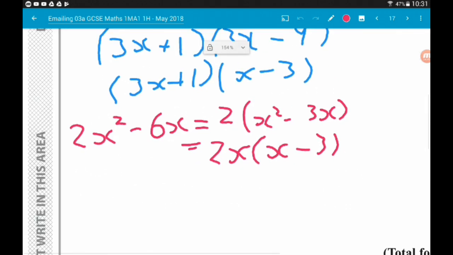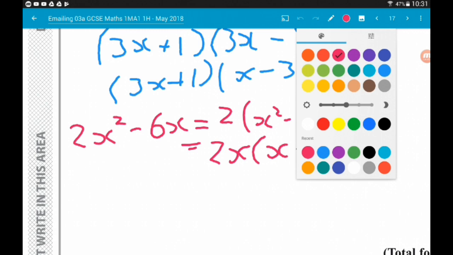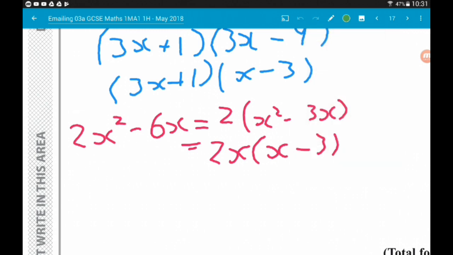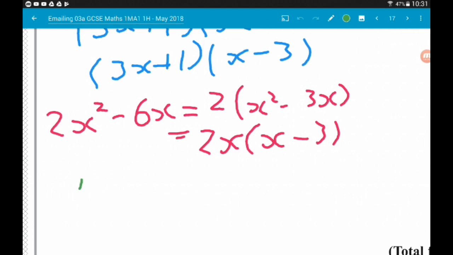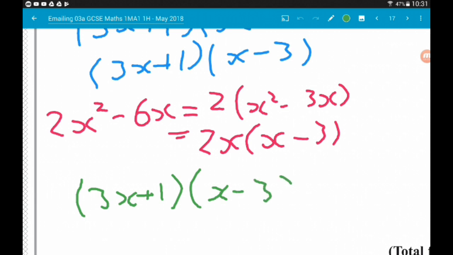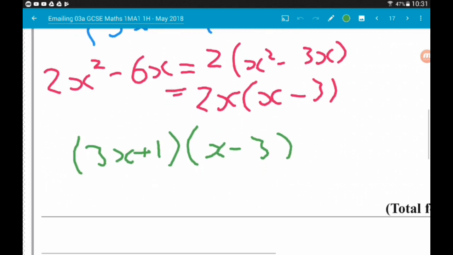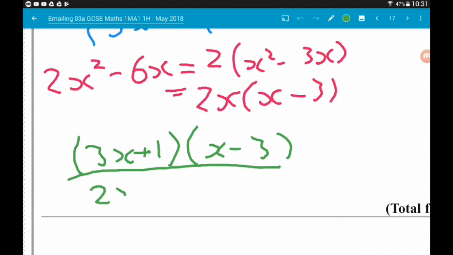So the fraction is now 3x plus 1 times x minus 3, all over 2x times x minus 3.